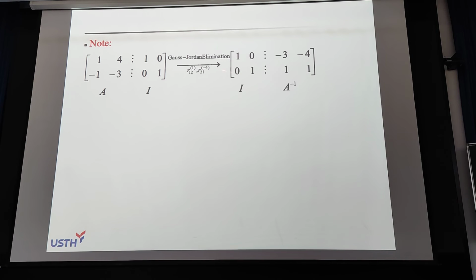Then A became that one, and that part of the matrix now became that one, and that one is exactly A inverse. So that is what I explained to you in the previous slide. And here is an example to show you how we can do it.